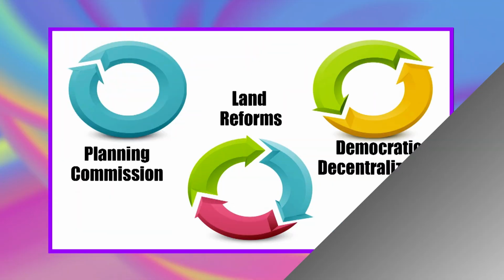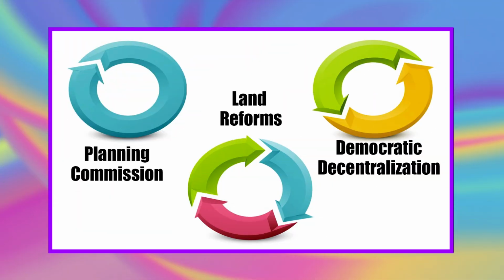Though a lot of institutions and initiatives have given development administration its practical shape in India, it won't be possible to cover each and everything here. So only three most quintessential measures have been taken on board: Planning Commission, land reforms and democratic decentralization.